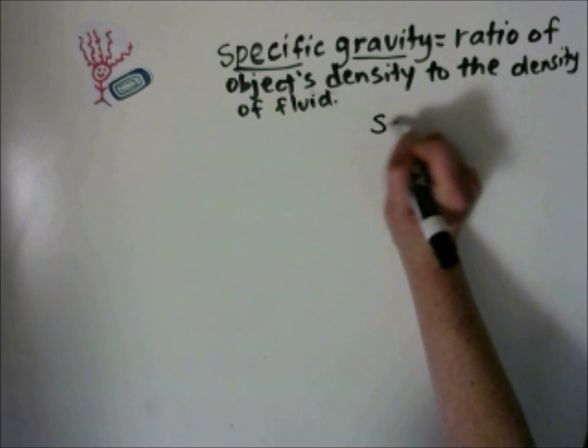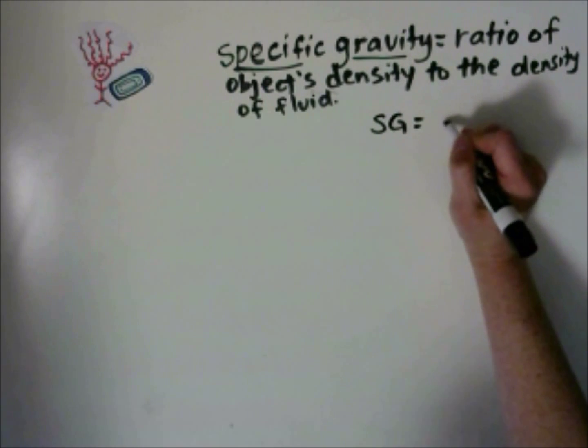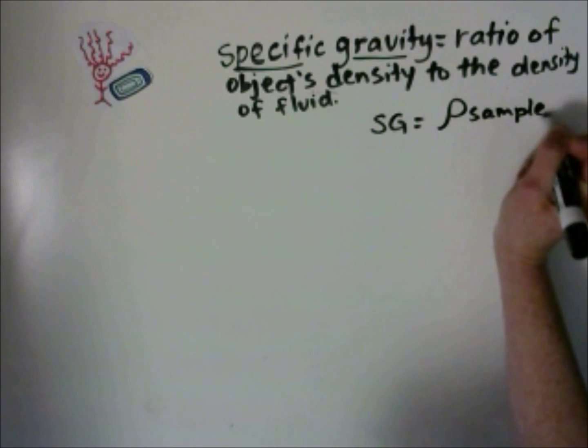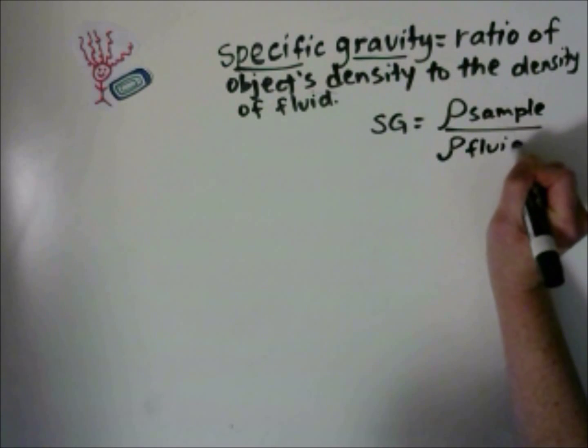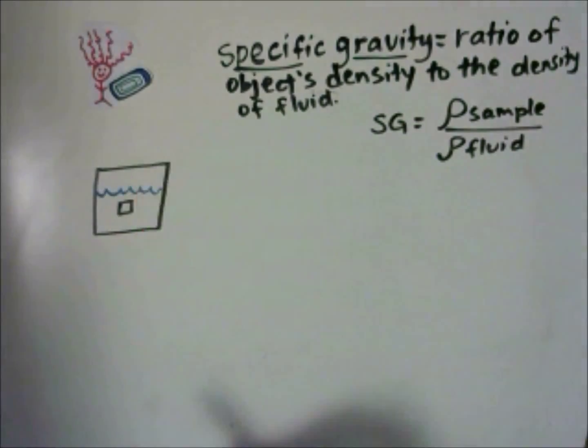We can also write this as Sg equals density of sample over density of fluid. We're using sample to represent the object, so density of sample is the density of the object. Let's consider 3 different cases.